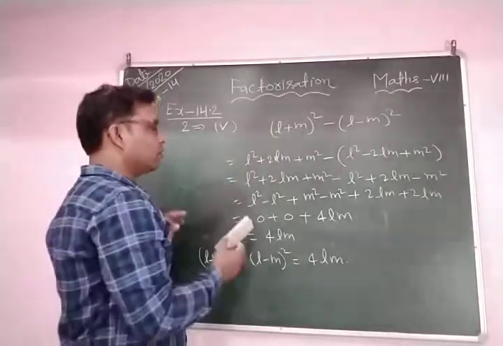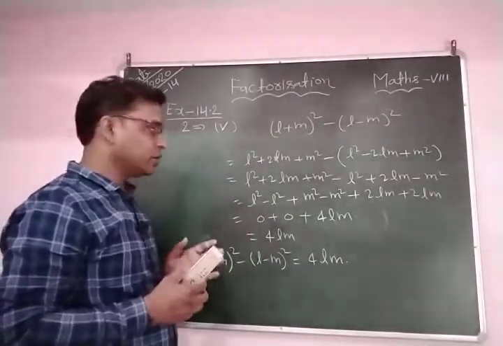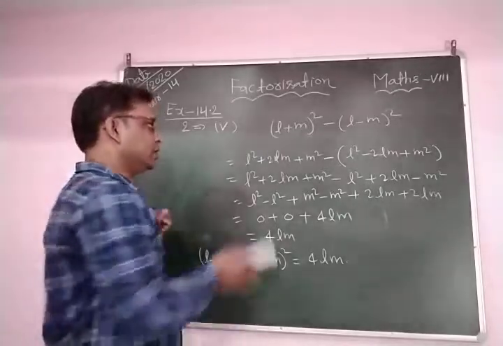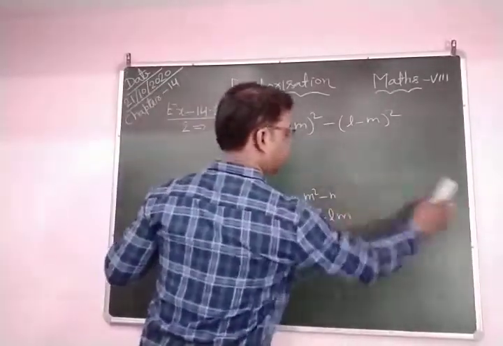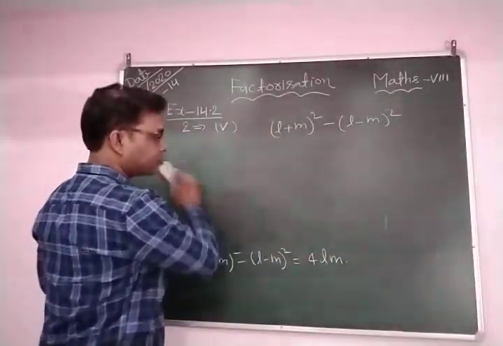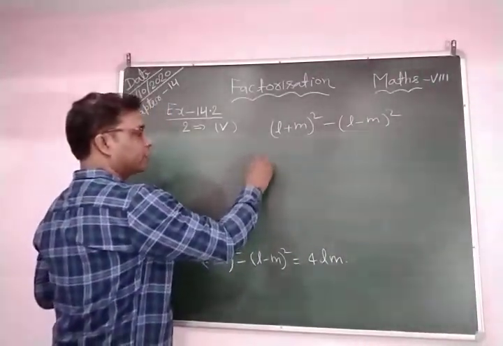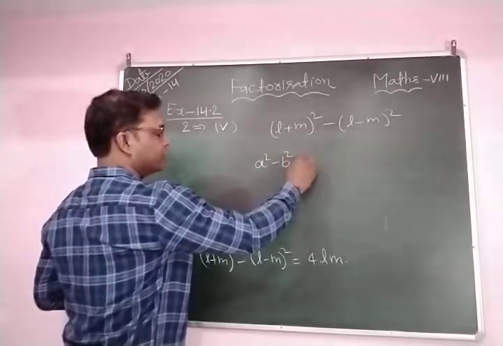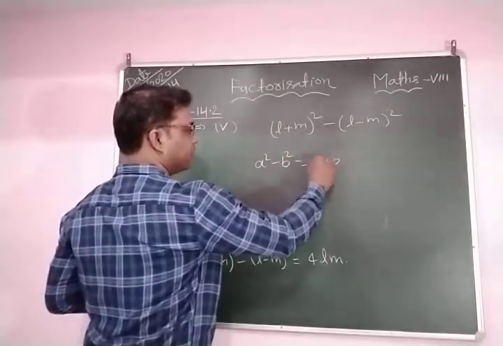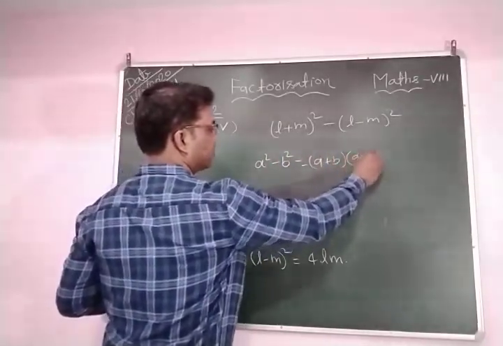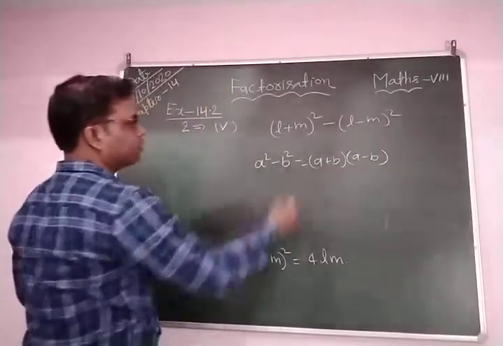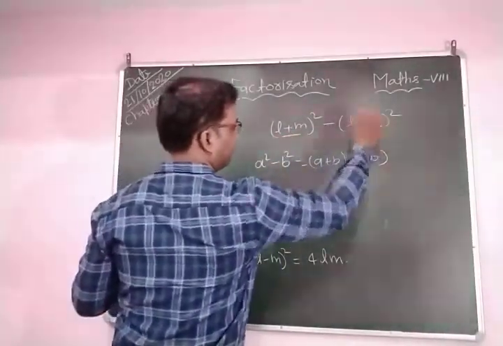Now we are going to solve this question again by using the third identity. What is the third identity? The third identity is a square minus b square, which is equal to (a plus b)(a minus b). We separate, this is a square, this is b square.